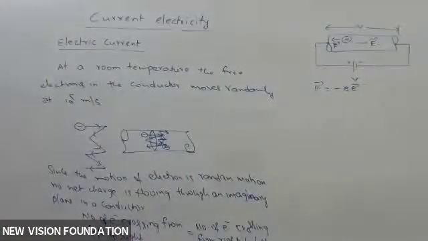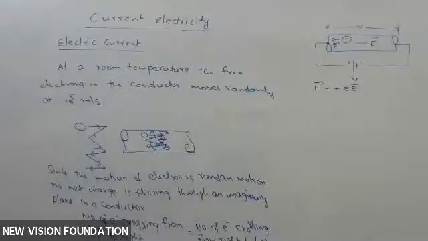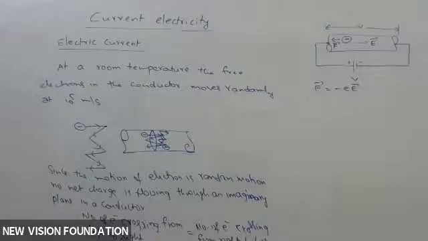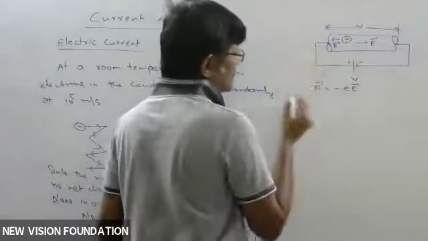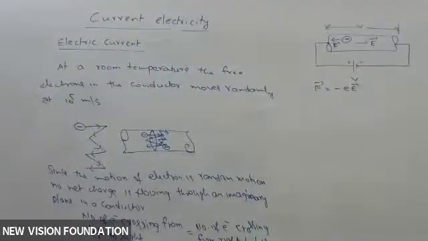During their motion, they undergo collisions with the lattice structure of the conductor, and finally it moves very slowly at the speed of 10 power minus 4 meters per second in the direction opposite to the electric field. The speed gained by the electron due to the potential difference is called drift velocity, and the drift velocity is in the order of 10 power minus 4 meters per second.